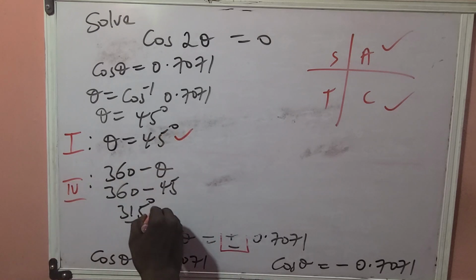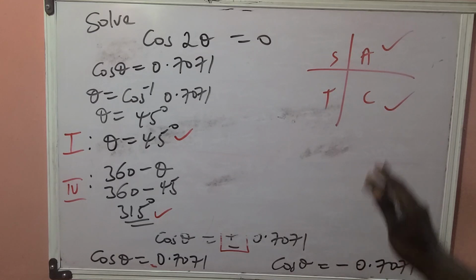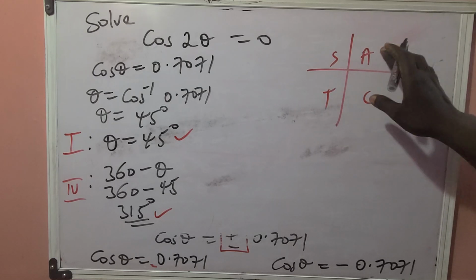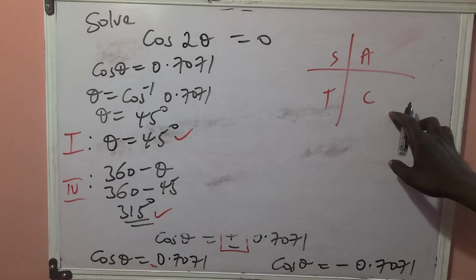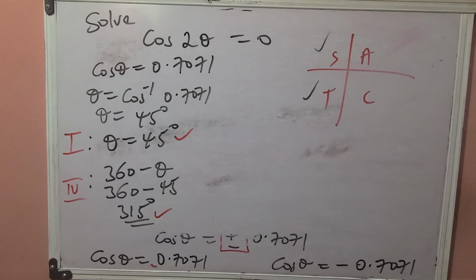So these two are our answers for this particular side of things, but we have to go on to find for this other side. For this other side now, we have our cos being negative. So we have to investigate where cos is negative. If cos is positive in both the first and the fourth, obviously cos will be negative in the second and the third.